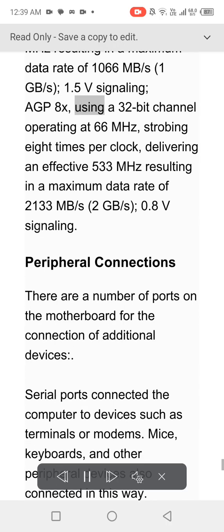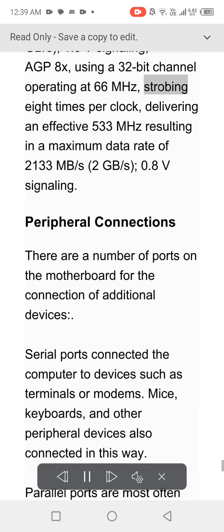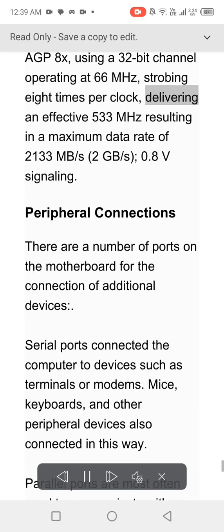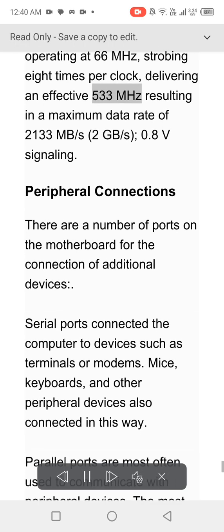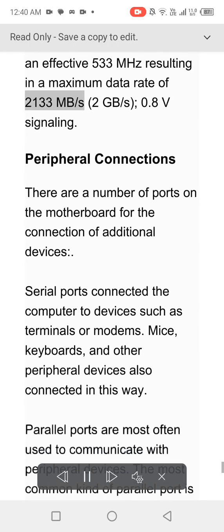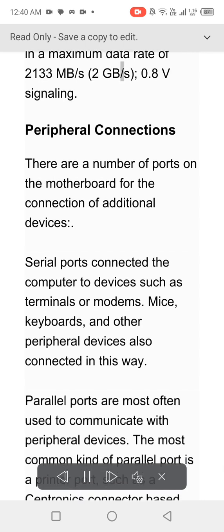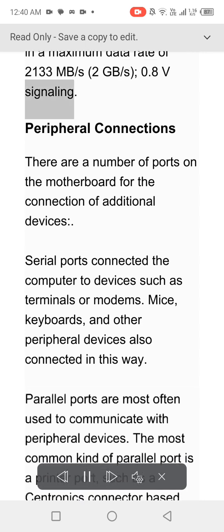AGP 8X, using a 32-bit channel operating at 66 MHz, strobing 8 times per clock, delivering an effective 533 MHz, resulting in a maximum data rate of 2,133 megabytes per second, 2 GB/s, 0.8V signaling.